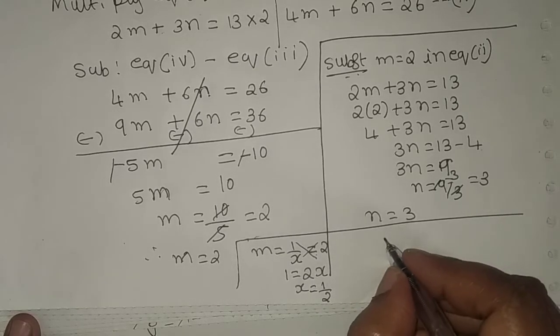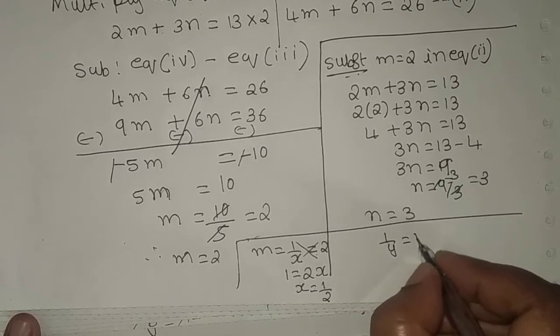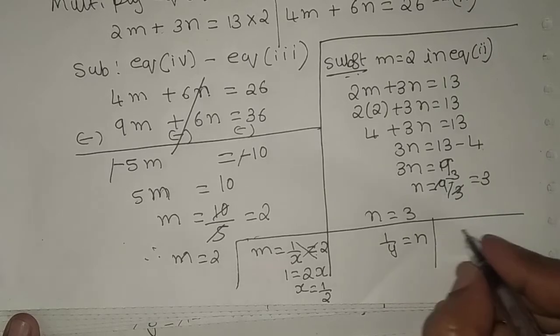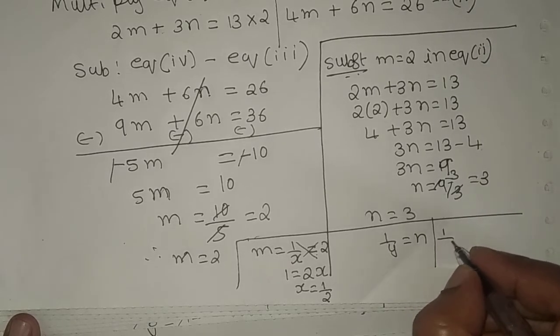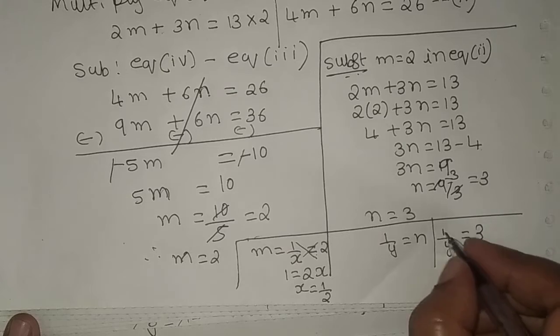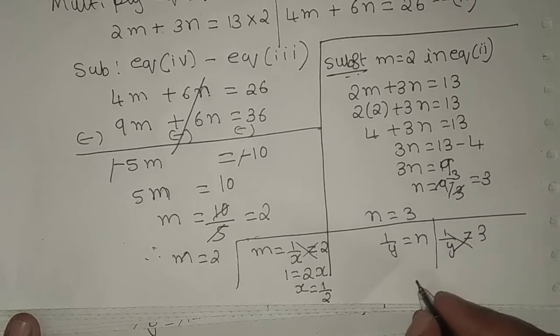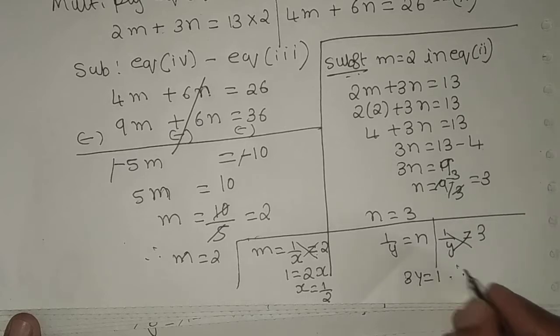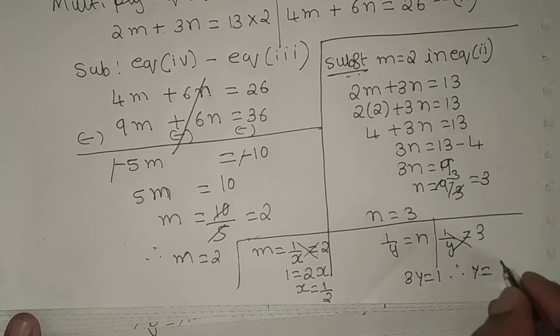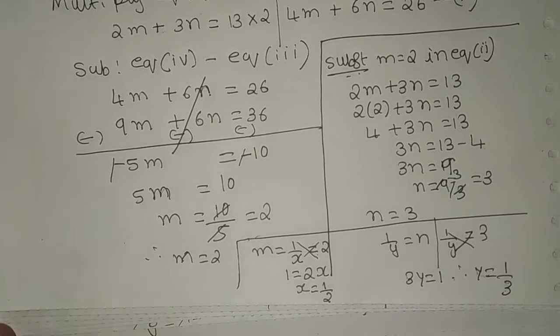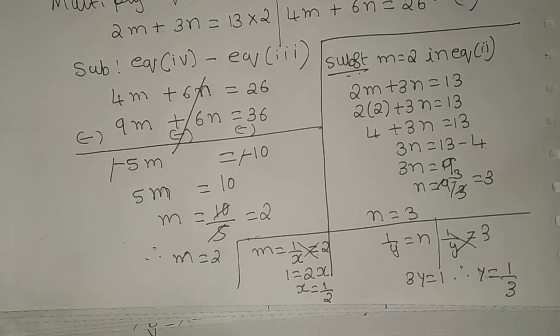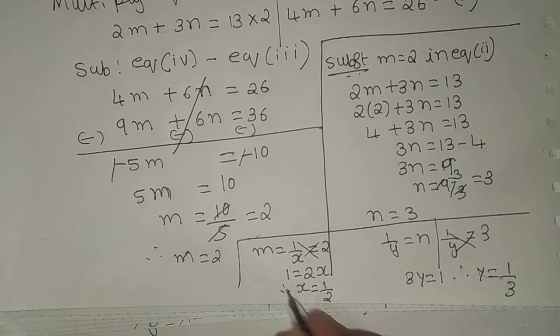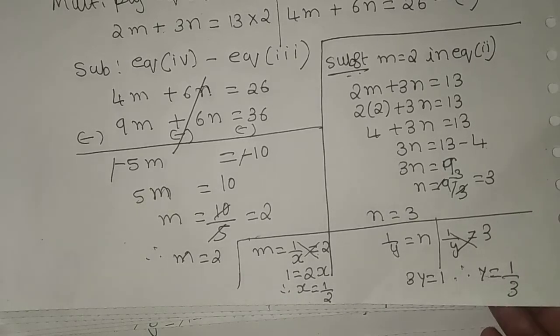Similarly we have 1 by y is equal to n, that is 1 by y is equal to 3. Cross multiply this, therefore we get 3y is equal to 1, and therefore y is equal to 1 by 3. Therefore this is the solution. Finally we got x is equal to 1 by 2 and y is equal to 1 by 3.